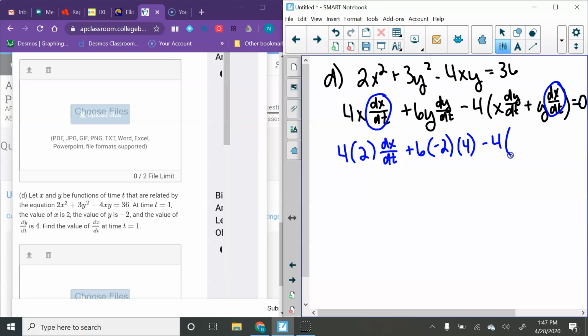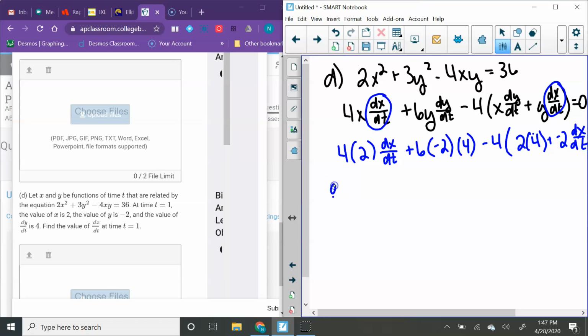minus 4 times 2 times dy/dt, which is 4, plus y, which is -2, times dx/dt, and that all equals 0, even though I ran out of room.